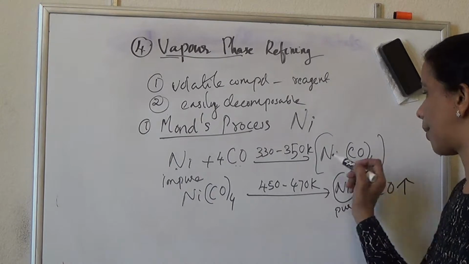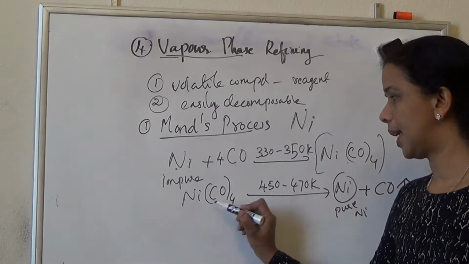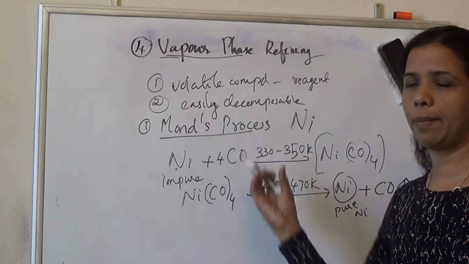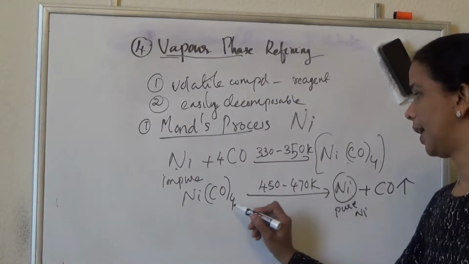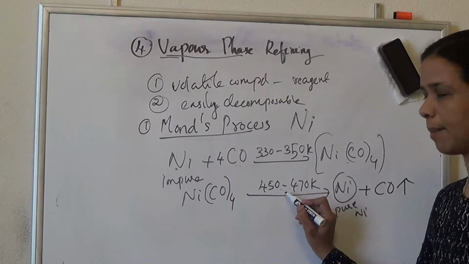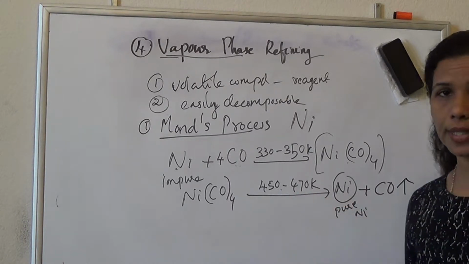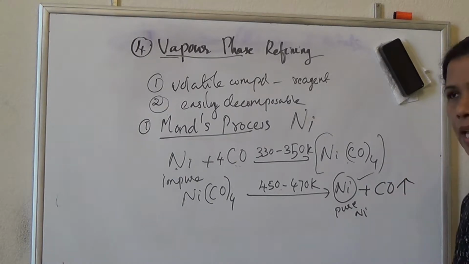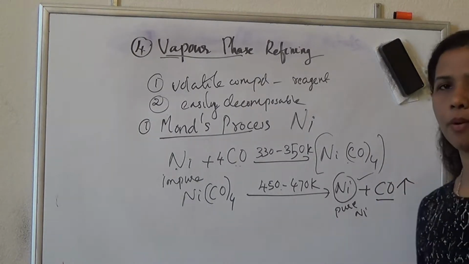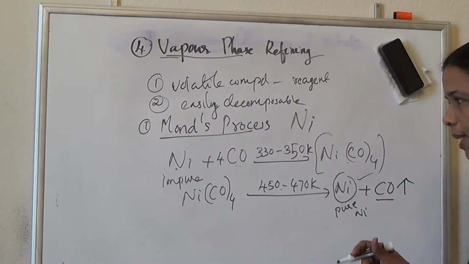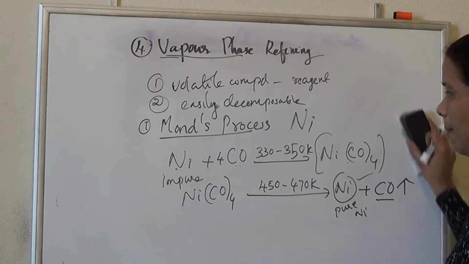This nickel tetracarbonyl is collected; it is volatile, so we can collect it by passing it through a tube or something like that. Then this nickel tetracarbonyl is again heated to a still higher temperature of 450 to 470 Kelvin. We will get pure nickel. Because the byproduct is carbon monoxide, there is no need to separate it, it will easily expel off. That is called the Mond process.